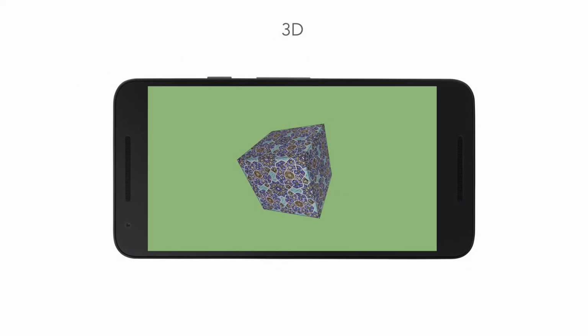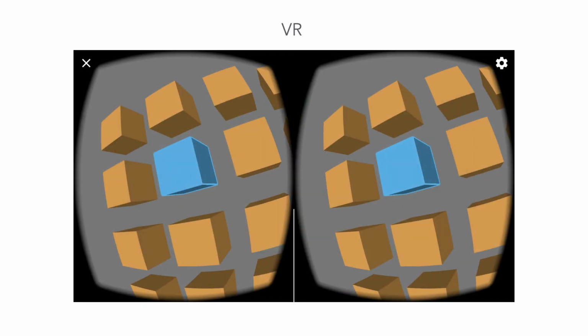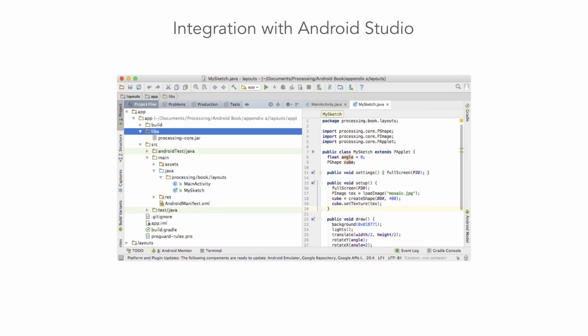And then 3D, leading into using 3D in VR, with all the specific things you have to consider in terms of how to interact in 3D and how to move in virtual reality. And how to integrate your Processing sketch into Android Studio if you want to create, say, a Processing view and embed that into a larger app. So all of that is covered in this book.